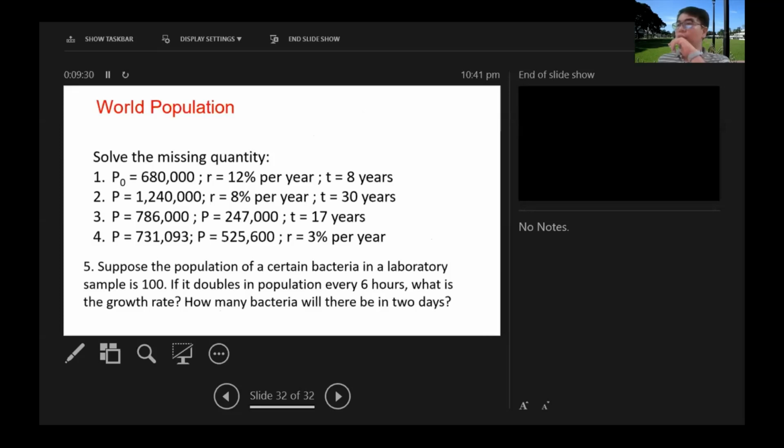Again, let us refresh ourselves with the formula. P is equal to P sub 0 e raised to the rt.